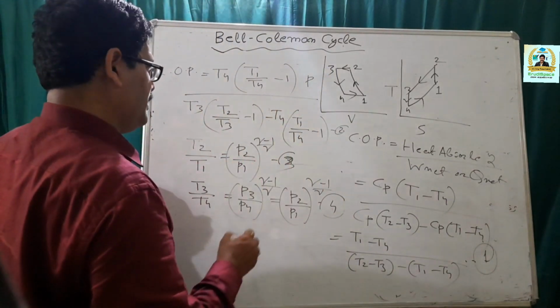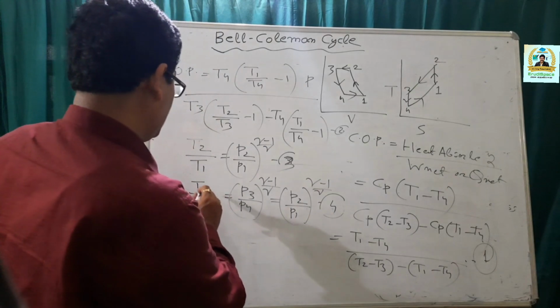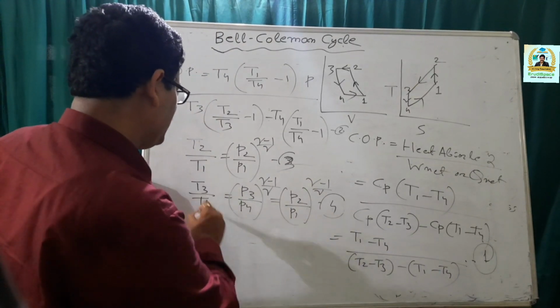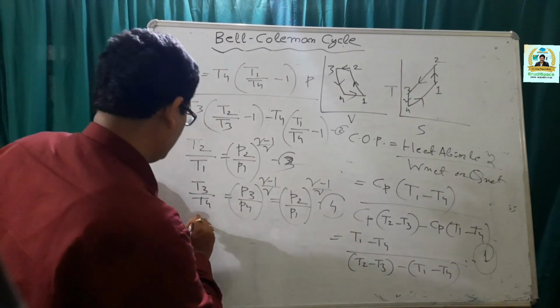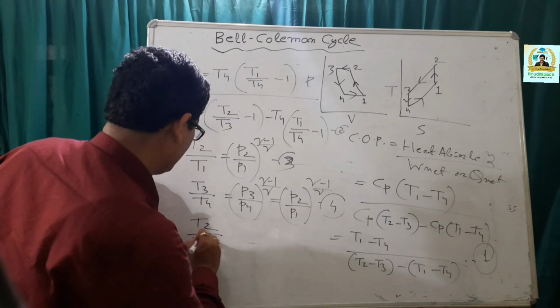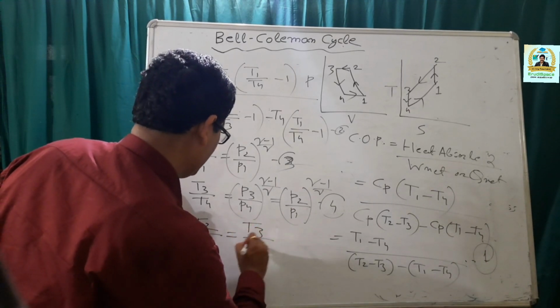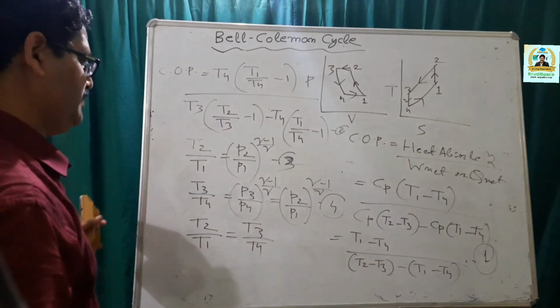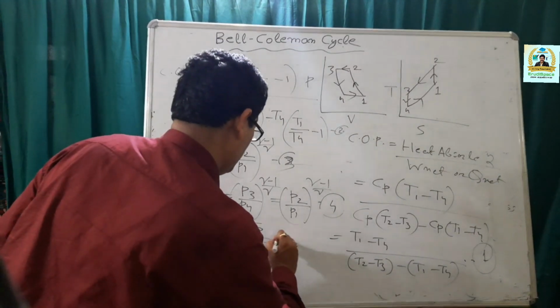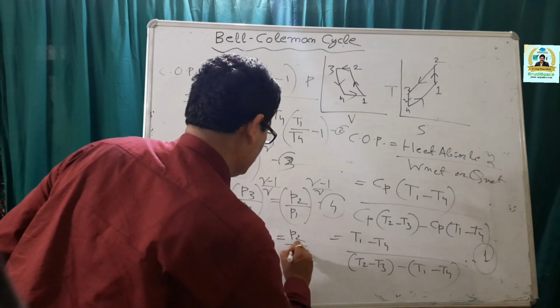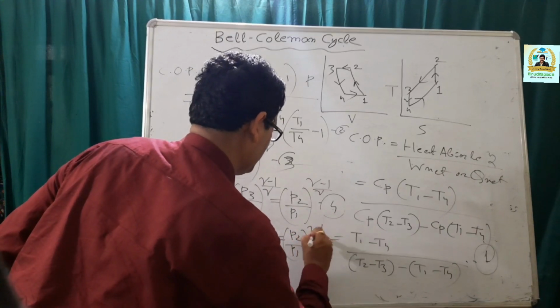Now, from this what we actually conclude is that T2 by T1 is equal to T3 by T4, which is equal to P2 by P1 to the power gamma minus 1 by gamma.